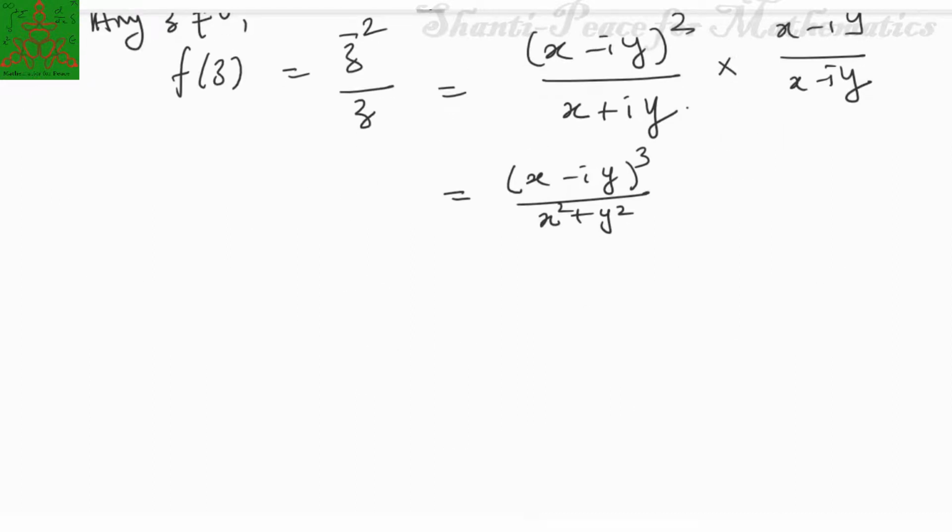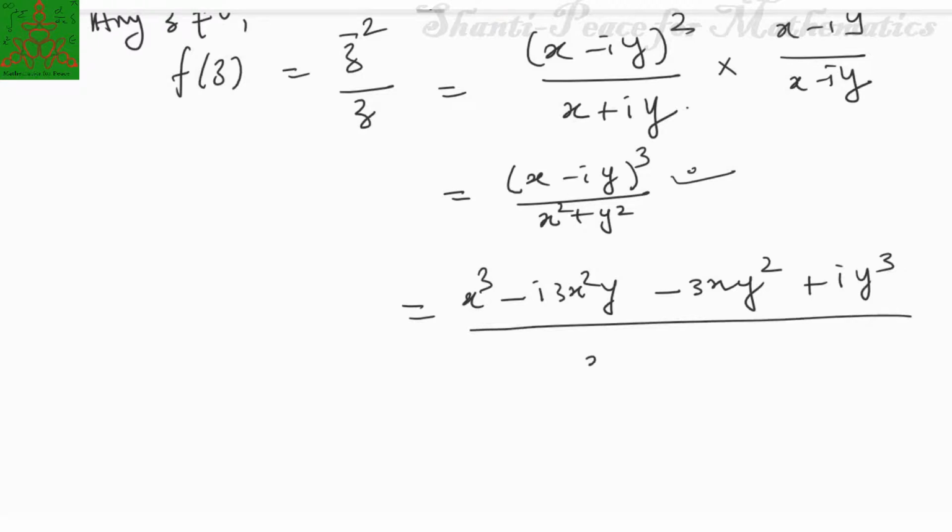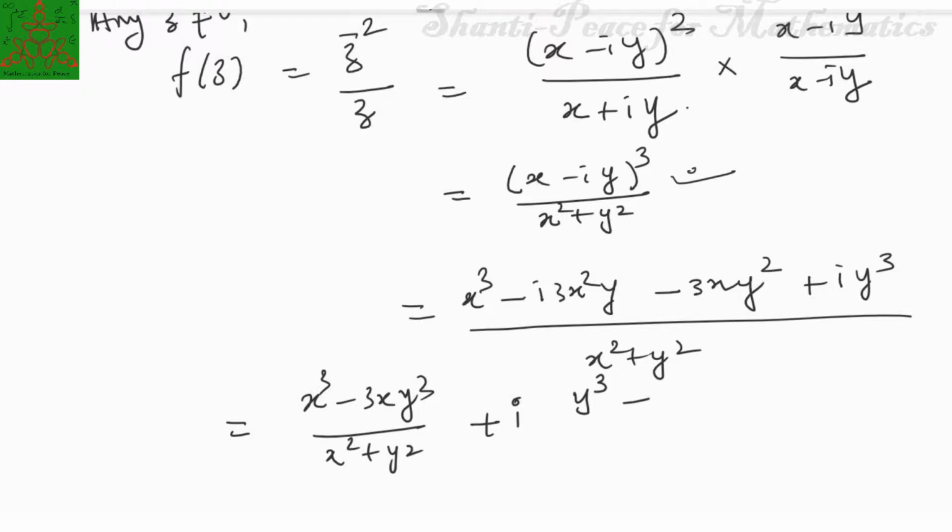Now I will expand this numerator by binomial expansion: x cube minus i3x square y minus 3xy square plus iy cube upon x square plus y square. So the real part of this quantity gives you (x cube minus 3xy square) upon (x square plus y square), plus i times (y cube minus 3x square y) upon (x square plus y square).